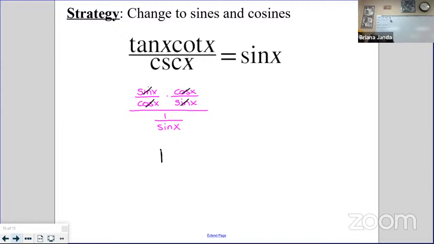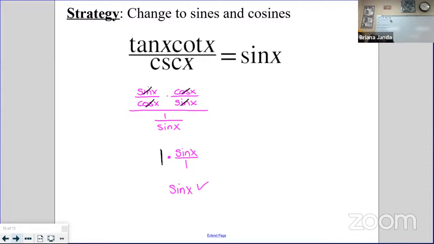So our numerator is 1. And then I can multiply by the reciprocal of our denominator, which is sine of x over 1. Multiplying straight across top, straight across bottom, and not needing the 1s in there, we just get sine of x, which is exactly what we were trying to match on the other side.